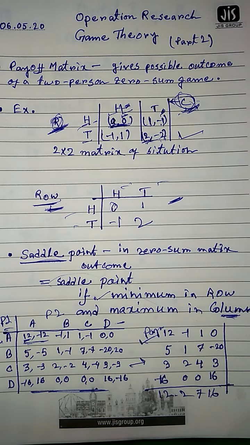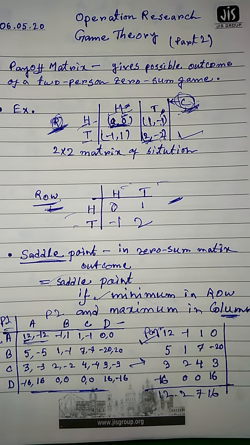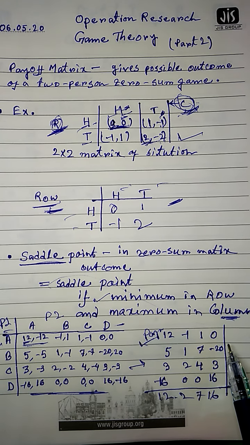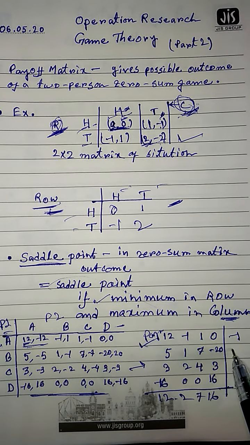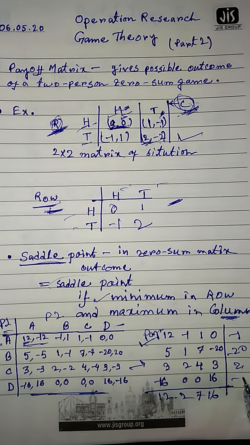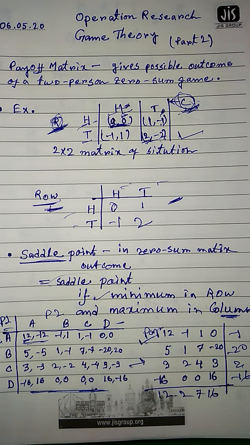Secondly, the minimum value from each row: minus 1, 20, minus 20, 2, minus 16. Third, choose the maximum value from these.